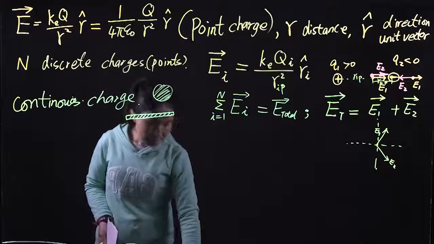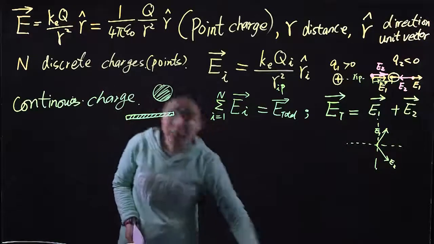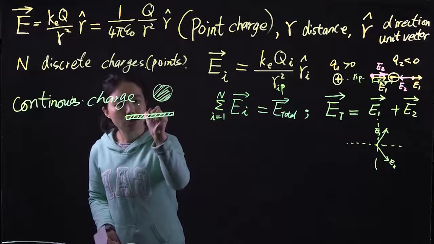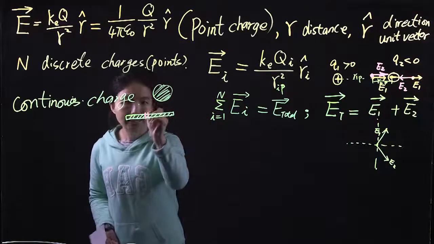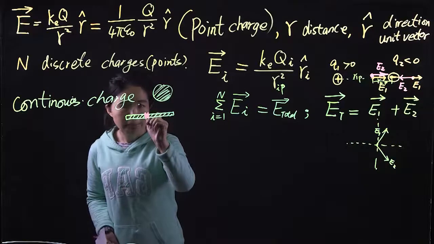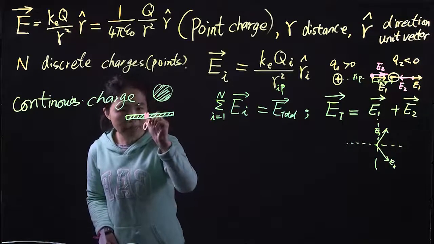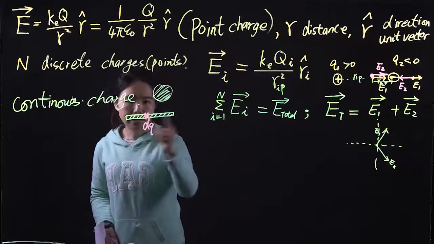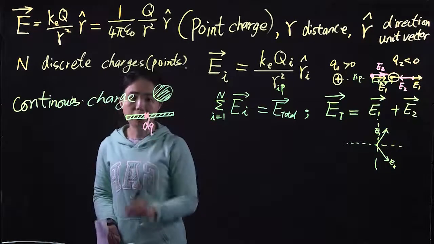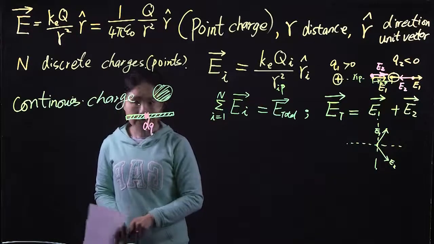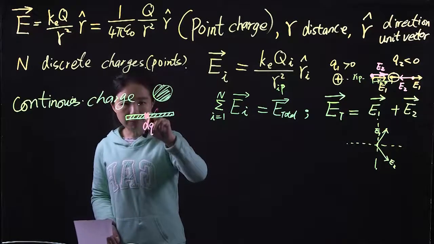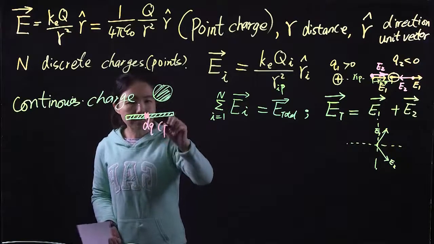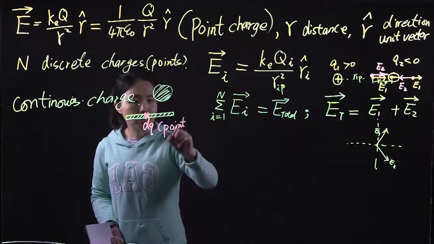The idea is that you can always take a small chunk of that, imaginarily, not really cutting it out. Imagine that you are cutting out a small amount dq. That's not the total amount of q, but a small amount dq. Consider this small object to be a point charge.